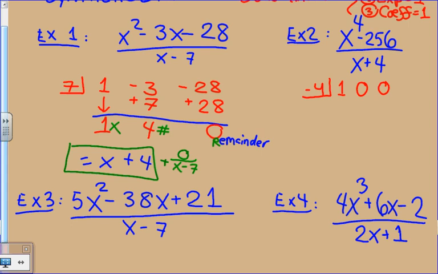How about an x? No. What's its placeholder? 0. And how about my number? Negative 256. You must have every single term in the fourth, and you must put in for third, second, first, down here.